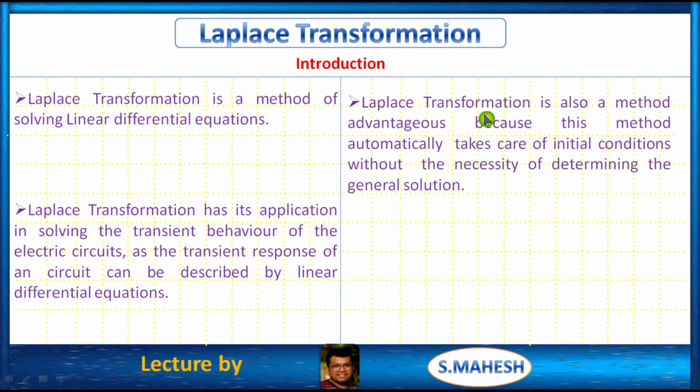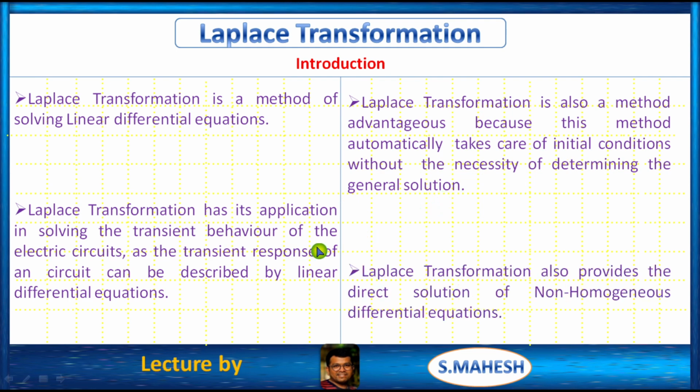Then Laplace transformation is also advantageous because this method automatically takes care of initial conditions without the necessity of determining the general solution. Next, Laplace transformation also provides the direct solution of non-homogeneous differential equations.